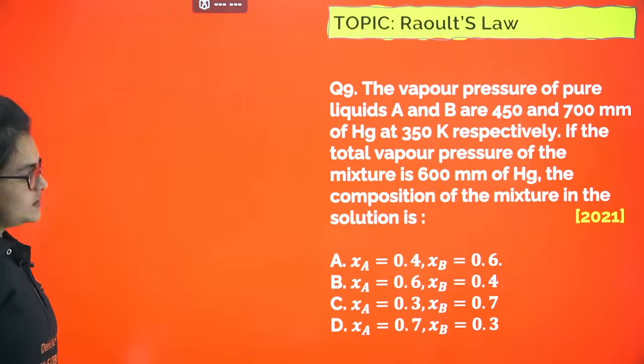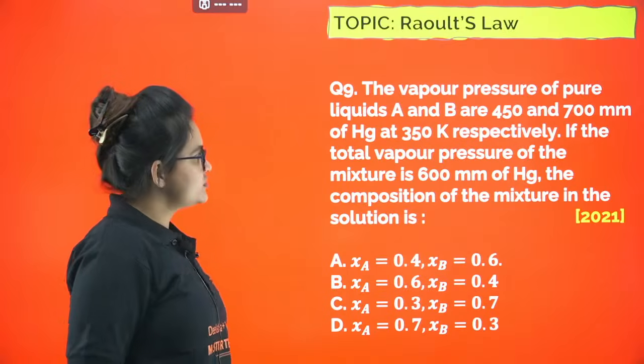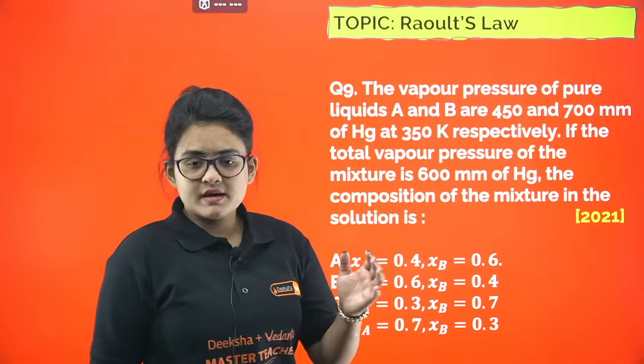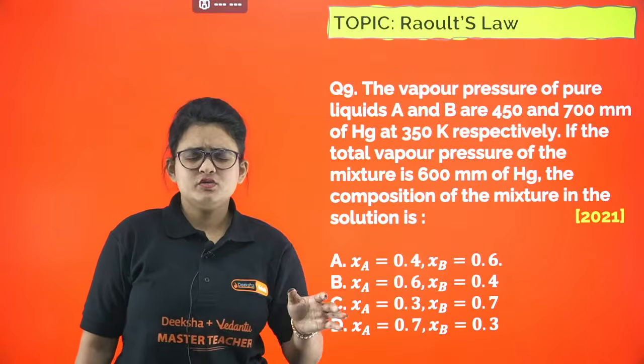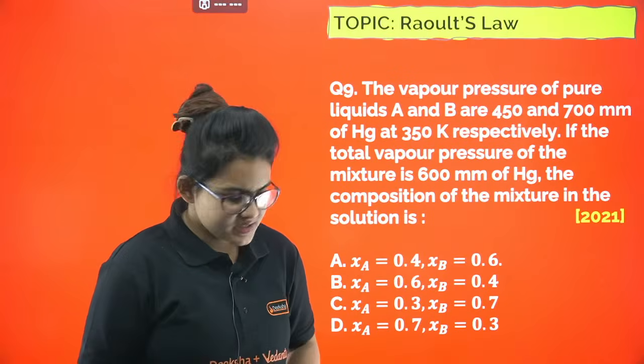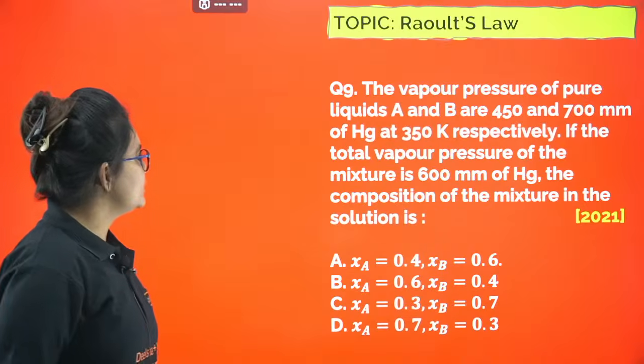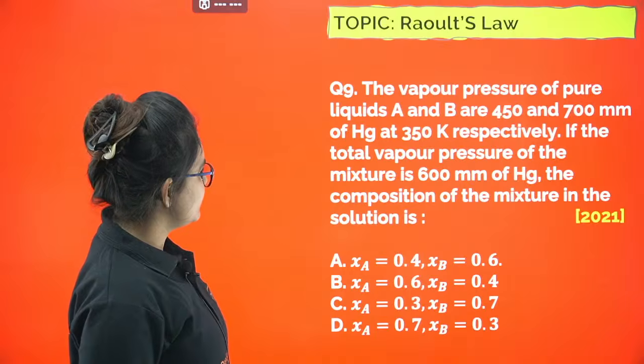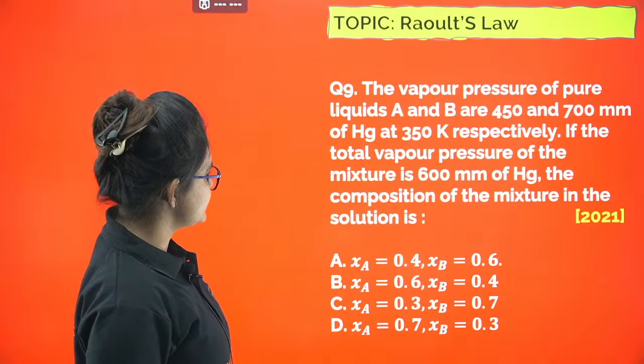Yes. Okay, so here we will proceed with Raoult's law. Whenever Raoult's law is coming, I guess you remember it is related to two volatile liquids, right? Here you can see the vapor pressure of pure liquids A and B are 450 and 700 mm of Hg at 350 K respectively.